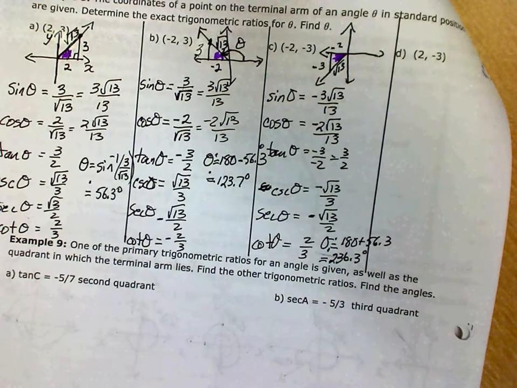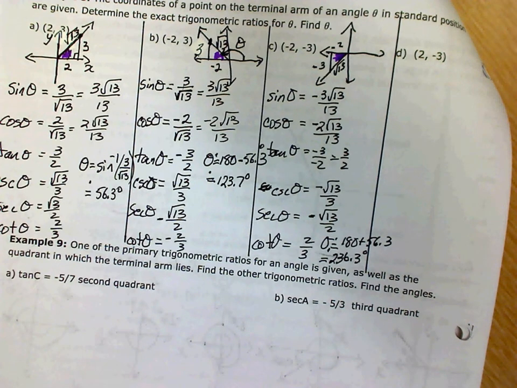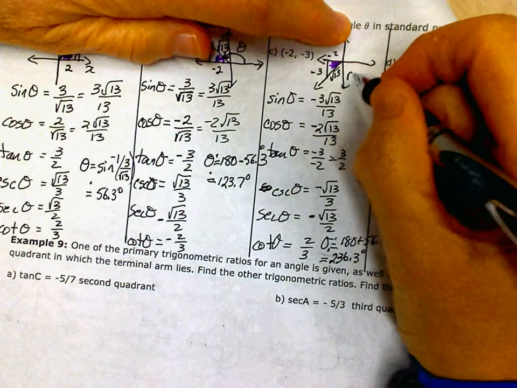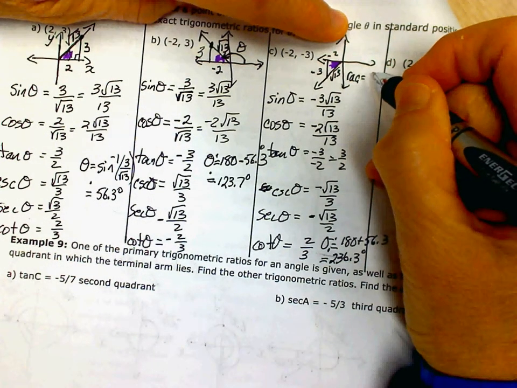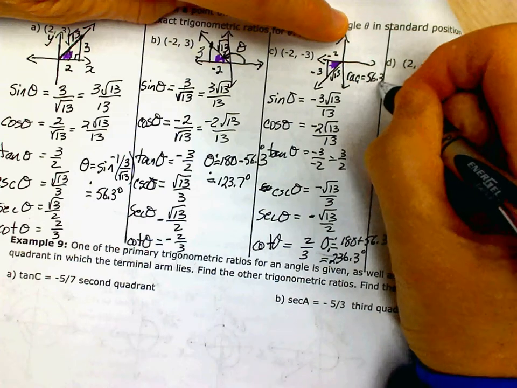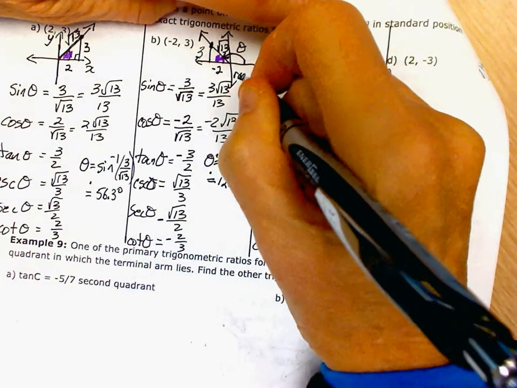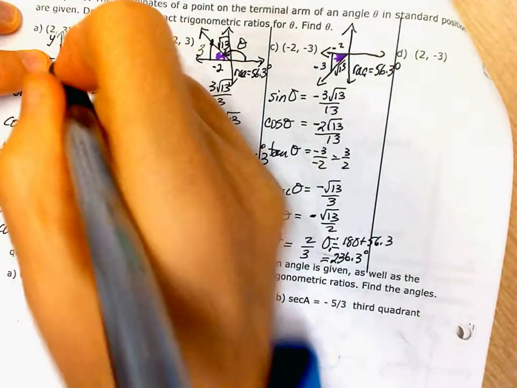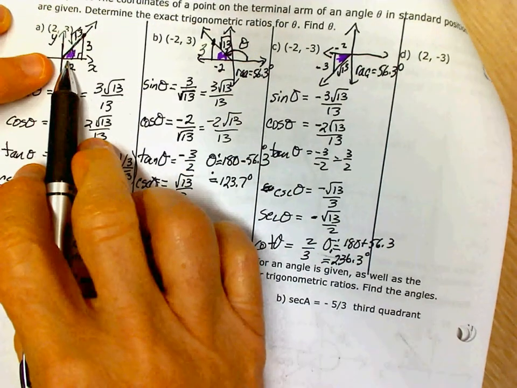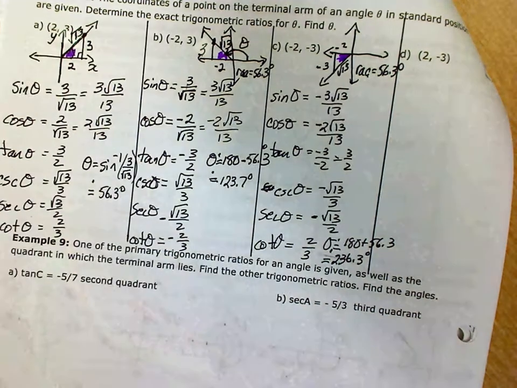Good? RAA equals 56.3 degrees. This one is just 56.3. It's not really an RAA. It's already an acute angle. It's not a related acute angle, okay?